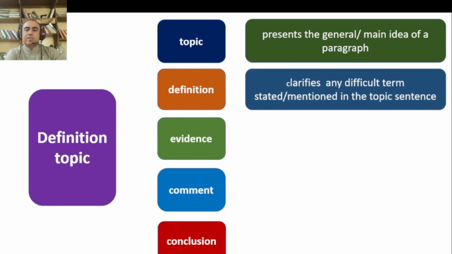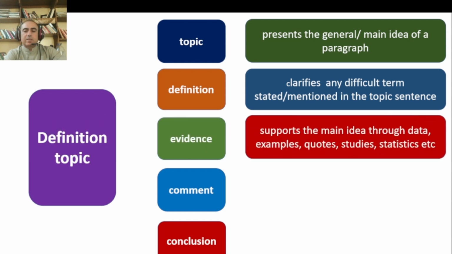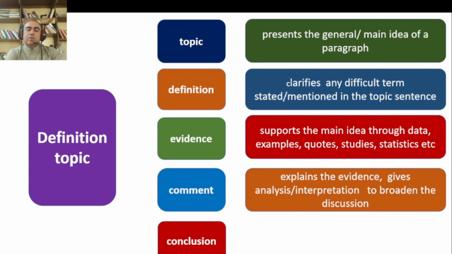Second would be the explanation, definition of that point that you have talked about in the topic sentence. Then there is evidence. You support the topic sentence with certain evidence, details, examples, quotations, studies, statistics, data, etc. Then you make a critical comment on that, with the significance, pros and cons, anything that you understand, or there would be analysis, interpretation of those evidences.